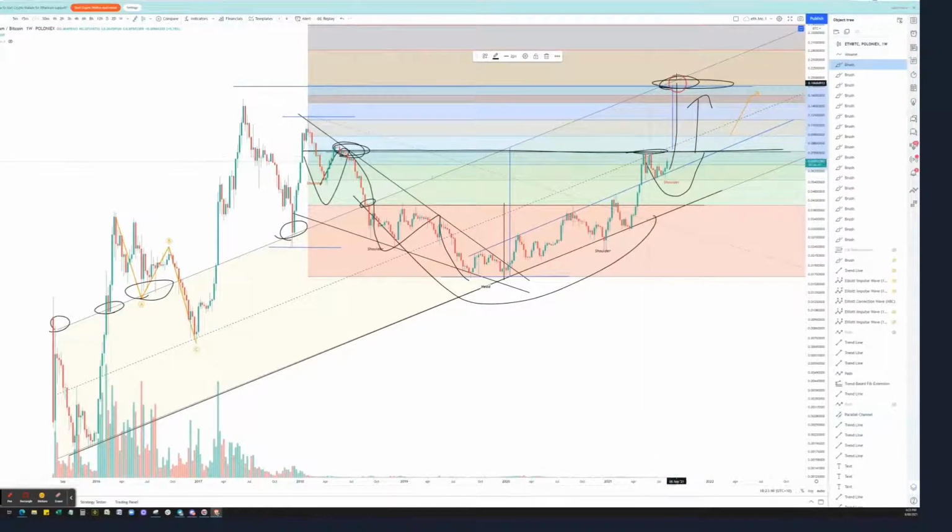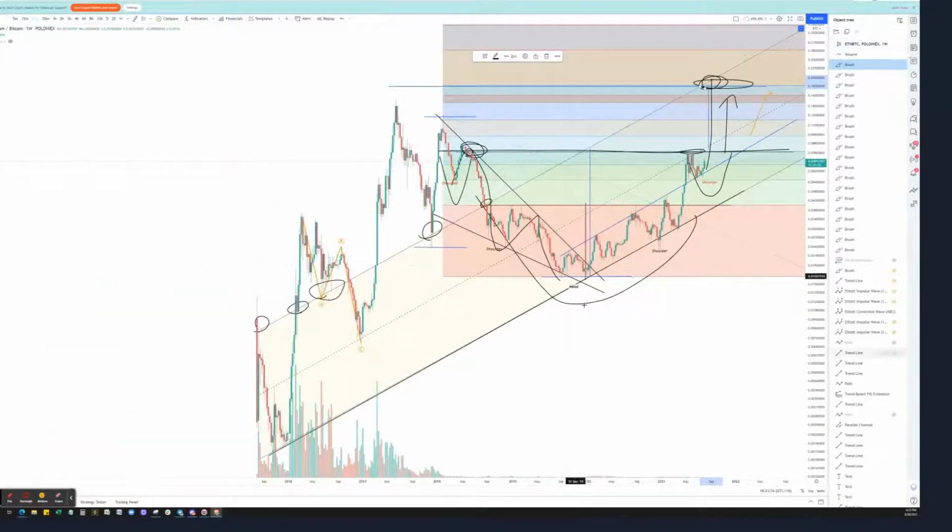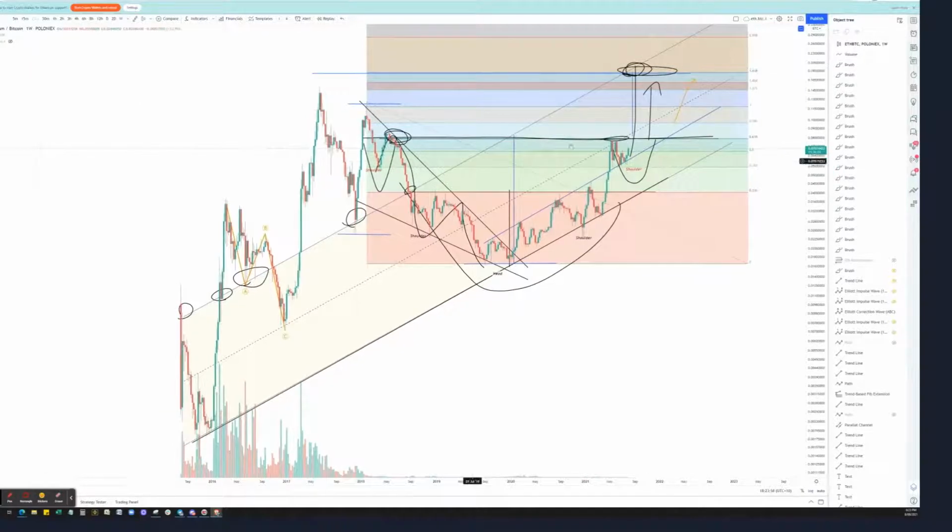So if this goes there, I think that's where we're going to get rejection. And funny enough, back to my usual routine, so 0, make that 1. It's the 618 extension. We've got the golden ratio again.